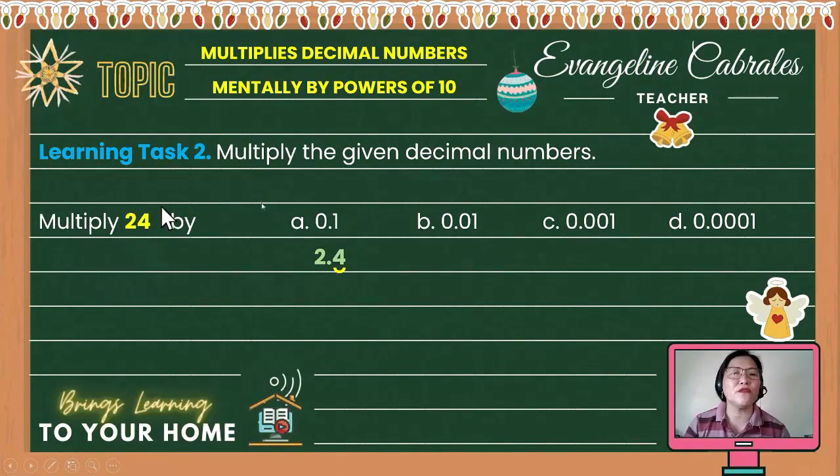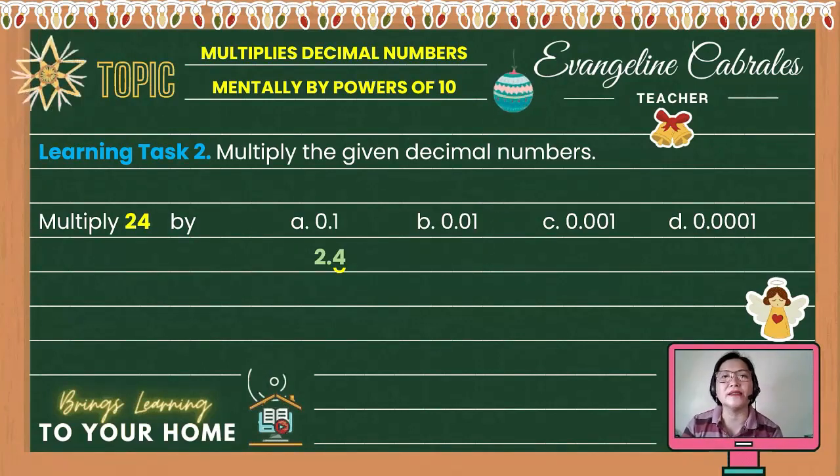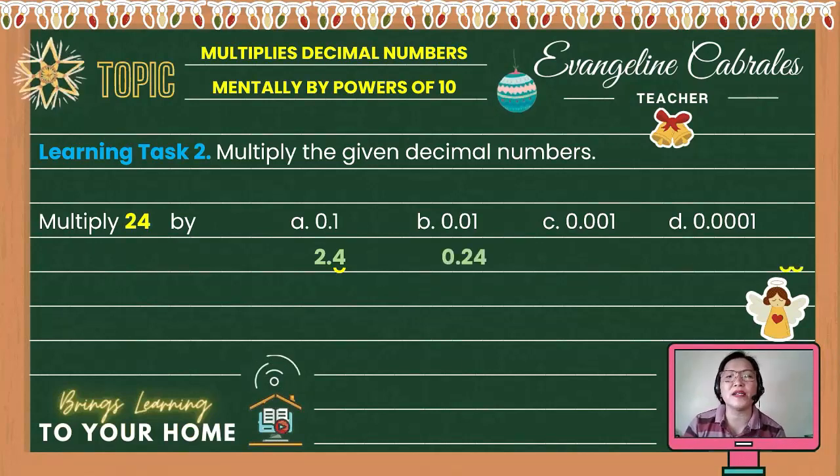So, 24 times 100. Ilang beses iuusod? Dalawa. Papunta saan? Kaliwa. So, the answer is 24 hundredths. Mula dito, iuusod ng dalawa. So, nandito na ang decimal point sa unahan ng 2. Lagyan ng 0 to represent the whole number. Paano naman kapag 24 times 1,000?